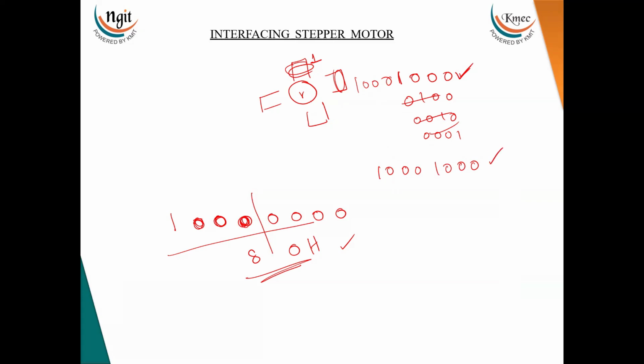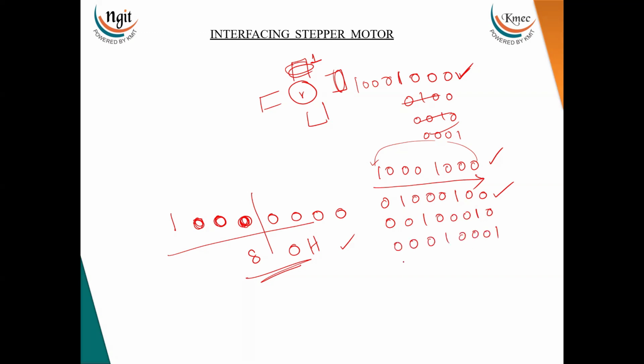Now if I want to rotate this motor clockwise, I have to rotate these bits right. Rotate right means these bits should move in this direction. The last bit will come here, and the one will go here, and zeros will come here. This is one rotation, and this is the second rotation, and this is the third rotation, and for the fourth rotation, again this one will come here.